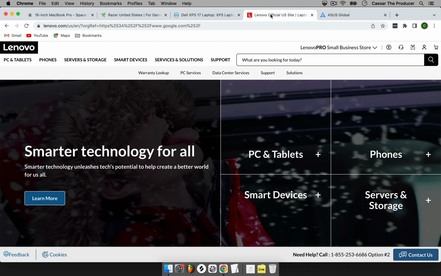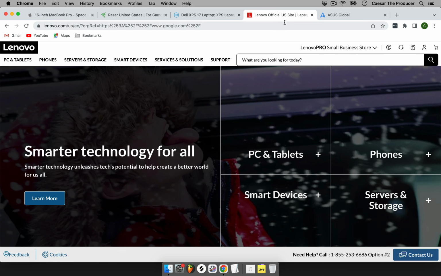Lenovo as well is pretty decent. It's a fair brand. They last longer. I find the computers do last quite a bit, as far as Windows computers go, right? Because I just find that Macs, as far as longevity, are probably the best out there.